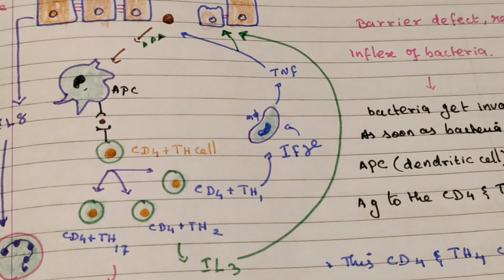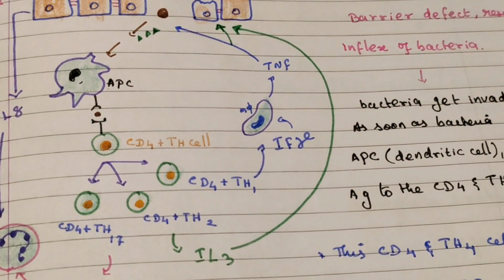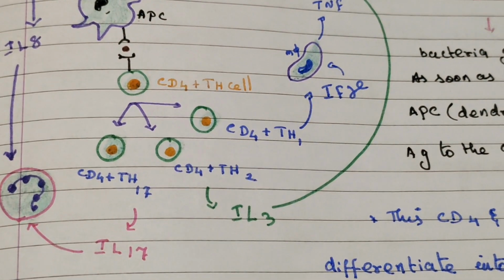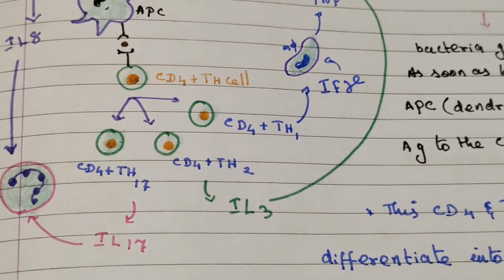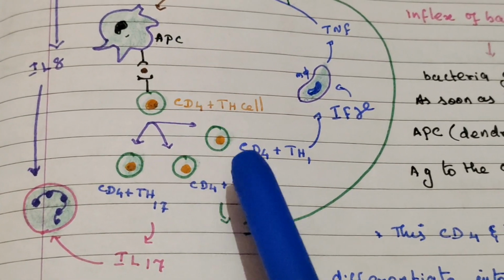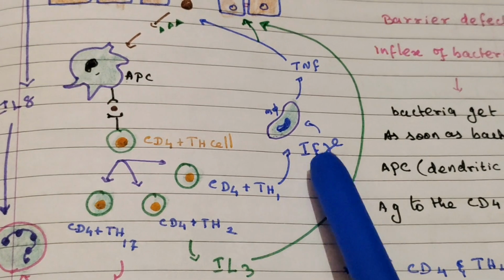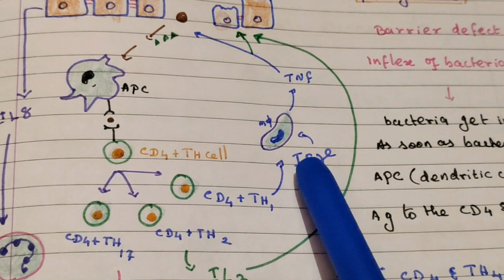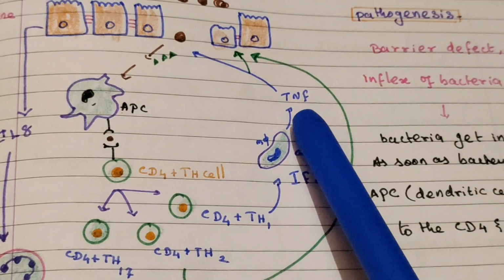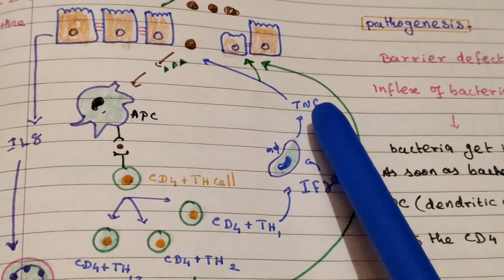The CD4 plus T helper cell differentiates into CD4 plus T helper 1, T helper 2, and T helper 17. The T helper 1 cell produces interferon gamma, which activates macrophages, and they start producing tumor necrosis factor.